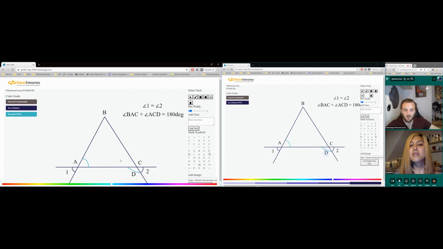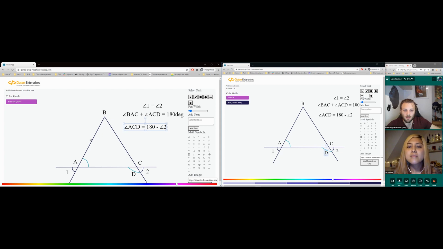Yes. Okay. Let me choose another color. So angle ACD is equal to 180 degrees minus angle 2.